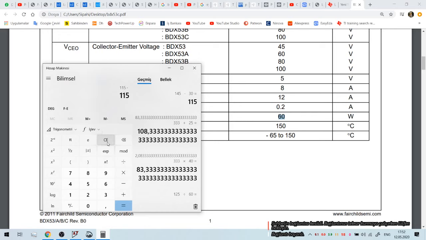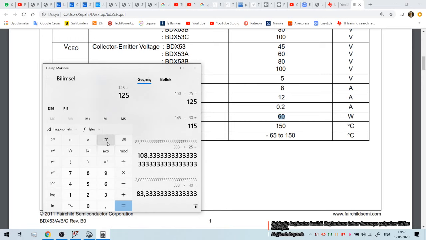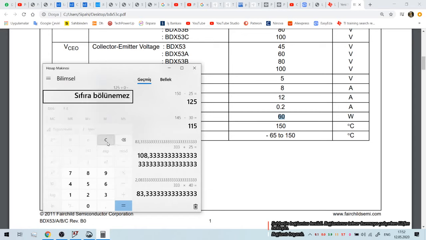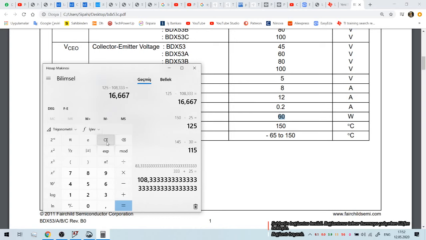Yes, you can see our case temperature can only be 41.667 with 40 watts heat dissipation.